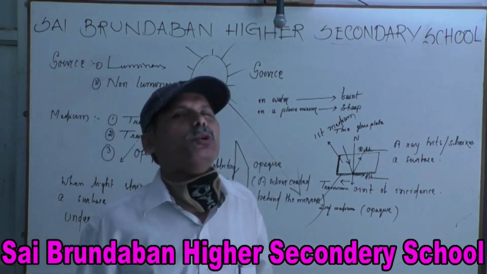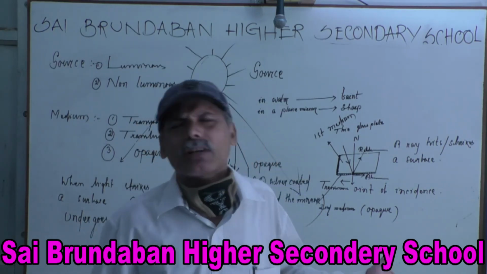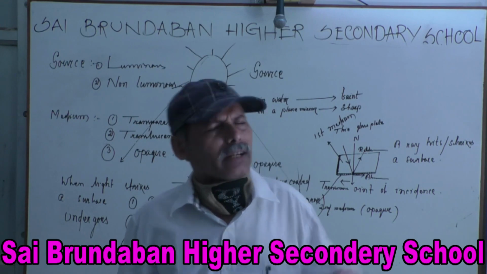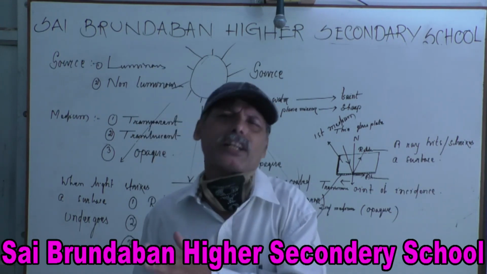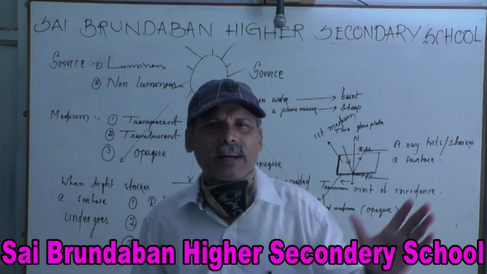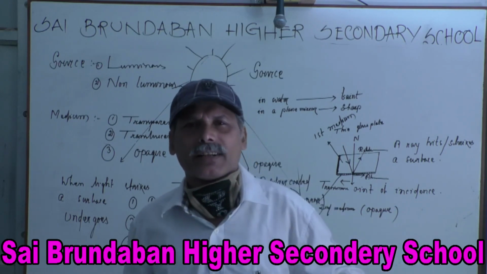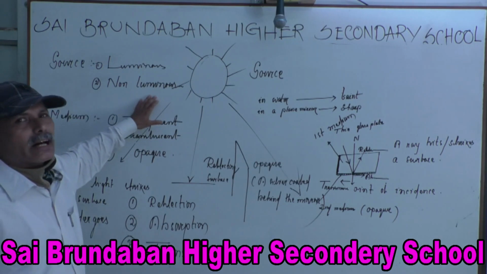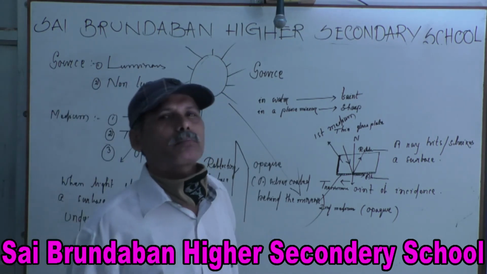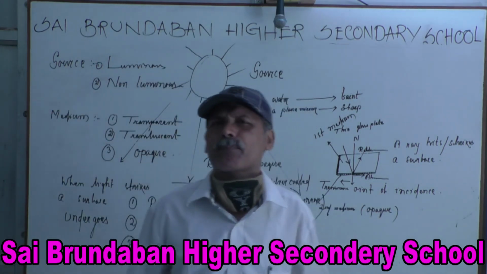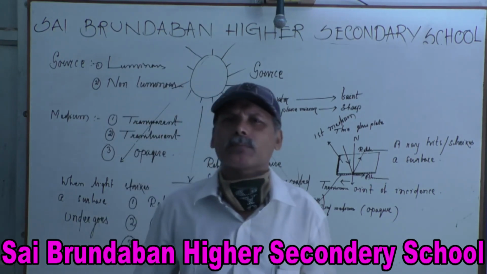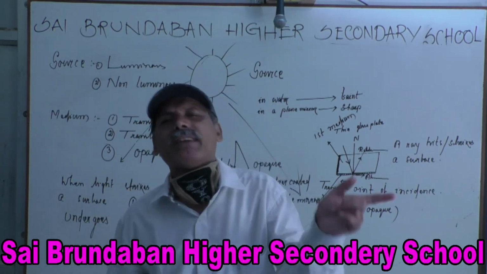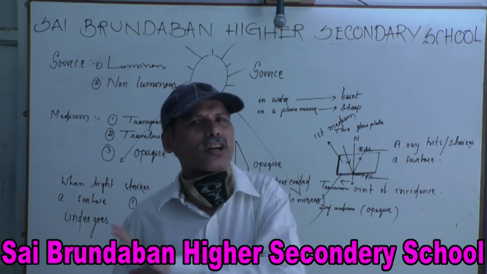But take the example of the moon. The moon doesn't emit light. It takes the light from the sun and reflects it. And that reflection appears as the moon at night. So a non-luminous example is the moon. Silver surfaces, water surfaces, there are many surfaces which reflect light. That is called non-luminous.